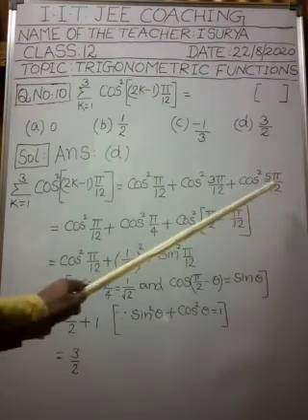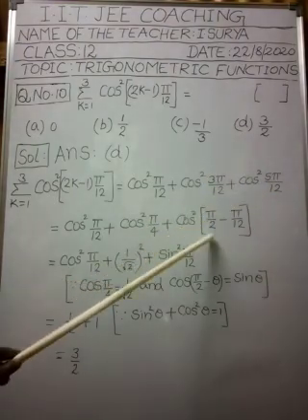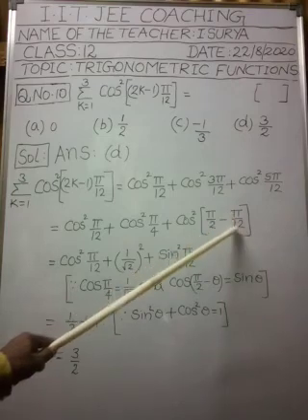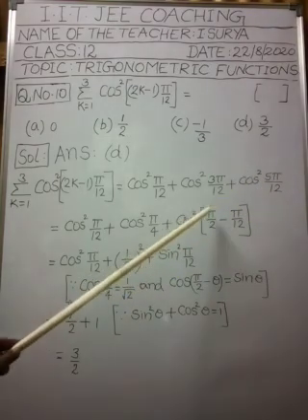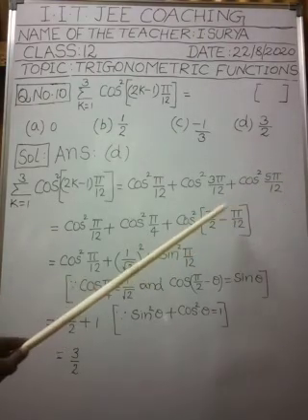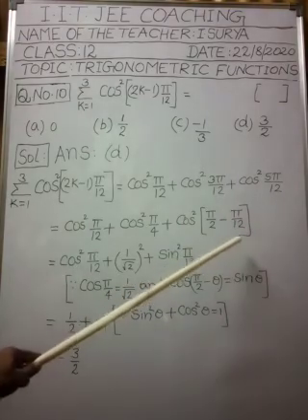Plus come to the third term. Third term is written as cos square (pi by 2 minus pi by 12). If you simplify these two numbers, pi by 2 minus pi by 12, again you get 5 pi by 12 only. So for our convenience, we wrote 5 pi by 12 as pi by 2 minus pi by 12. Understood this third term, my dear children?